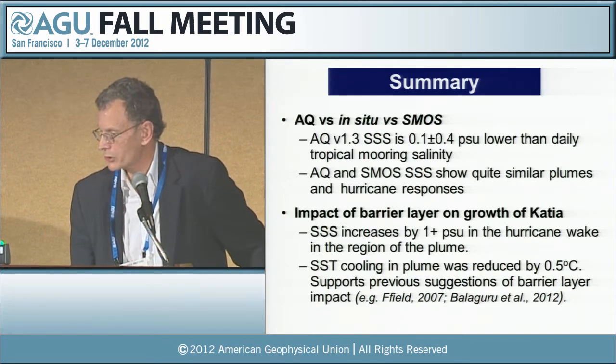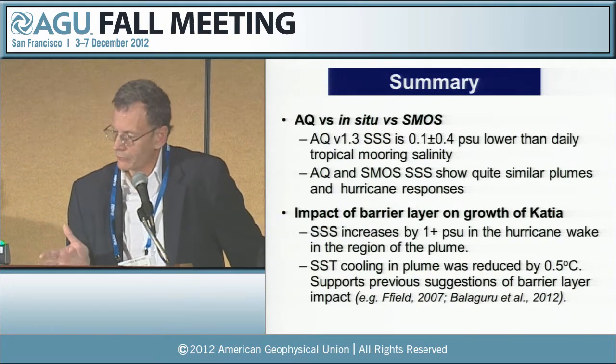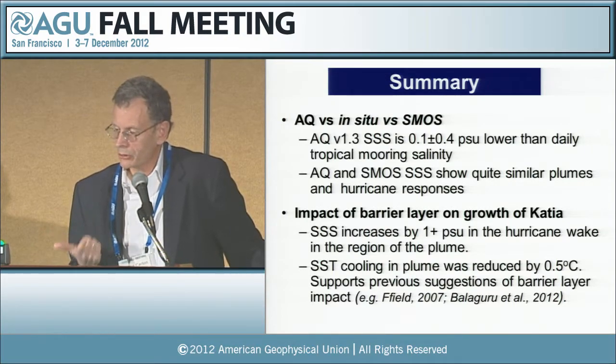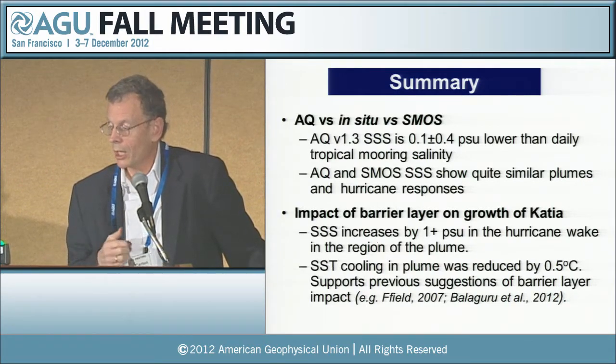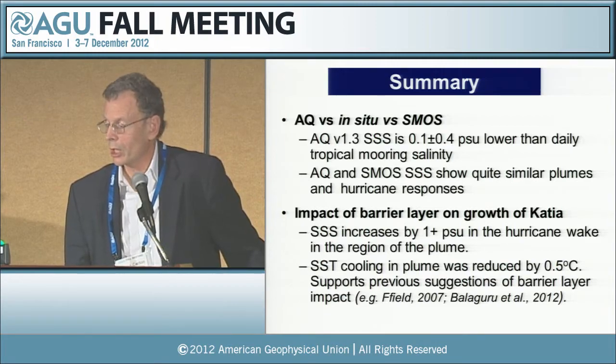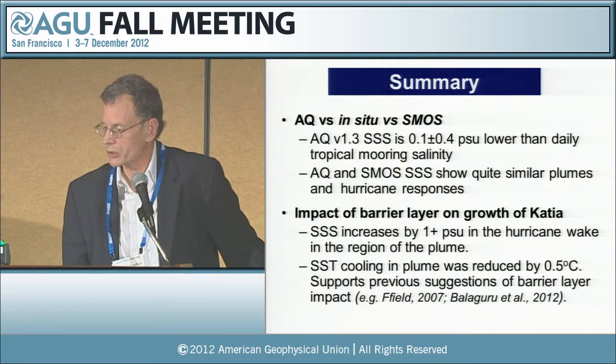So to summarize, I've shown you comparisons of Aquarius to both in situ observations, these tropical moorings in the 3 basins, and also to SMOS. Agreement is very good. We do see a slight bias, which we find to be about 0.1 PSU.